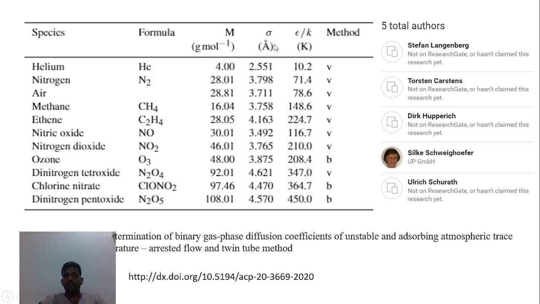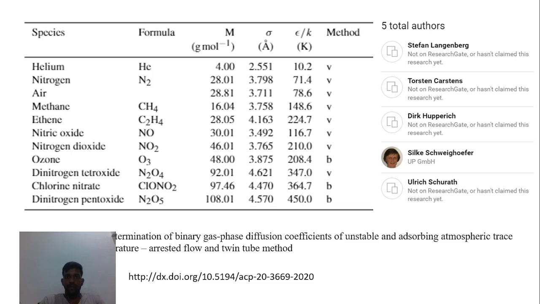These are sigma and epsilon that we have discussed in the previous class. Sigma and epsilon are the two parameters. Sigma is the van der Waals radius and epsilon is the bond strength.